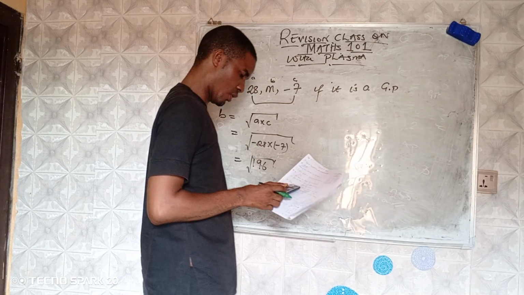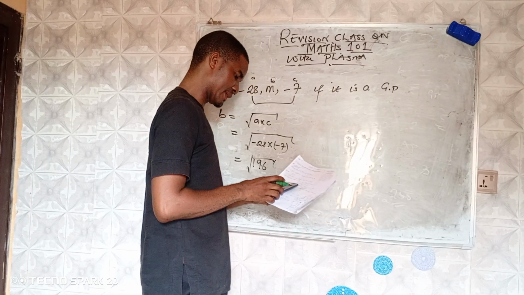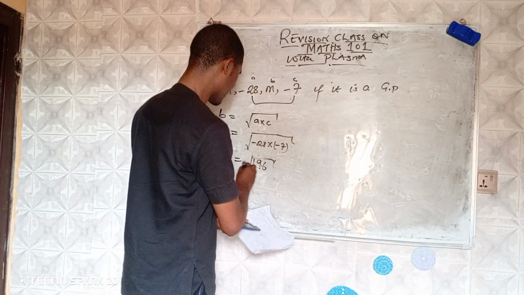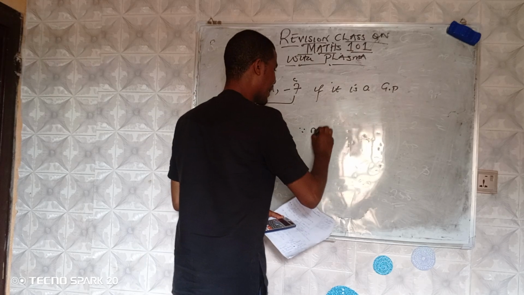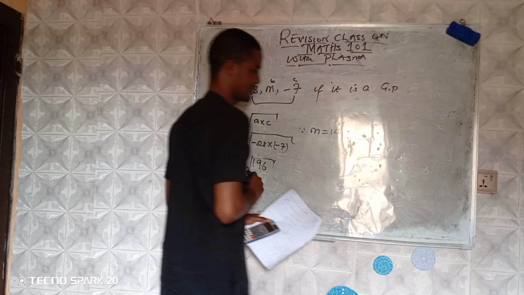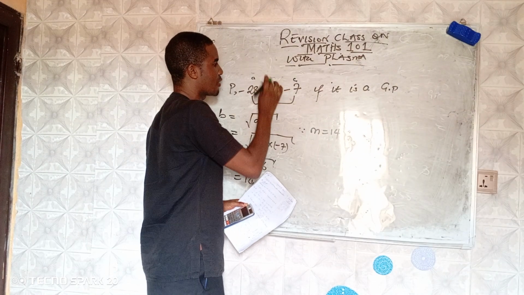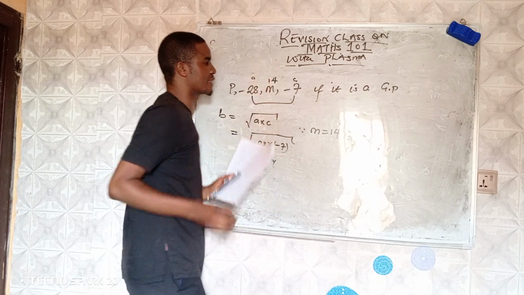If I take the root of 196, it's going to give me 14. So appropriately, therefore, M is equals to 14. So that means I can come here and say this one is 14.